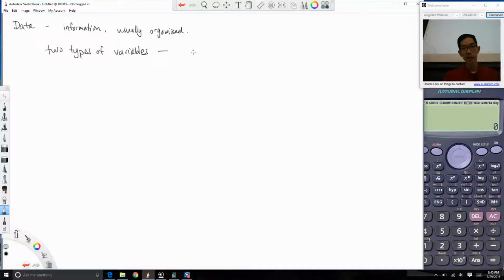We've got numeric variables, which tell us how much or how many. And we also have categorical variables, which tell us what type or what kind.